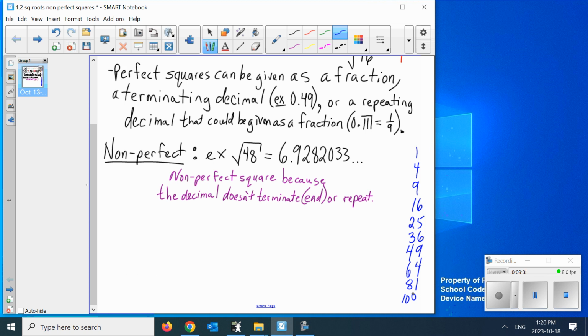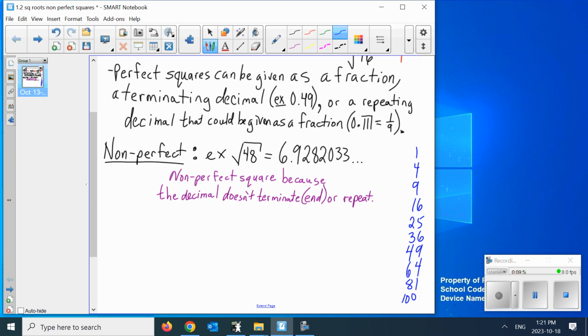We're going to estimate without a calculator. Okay, I'm just kind of waiting for people to be caught up. Let's estimate square roots.